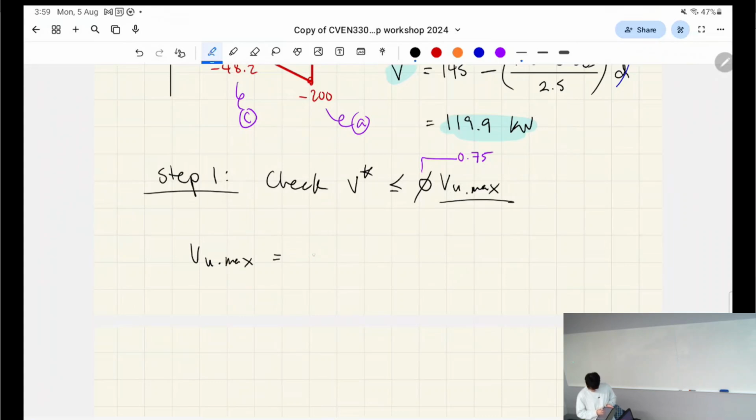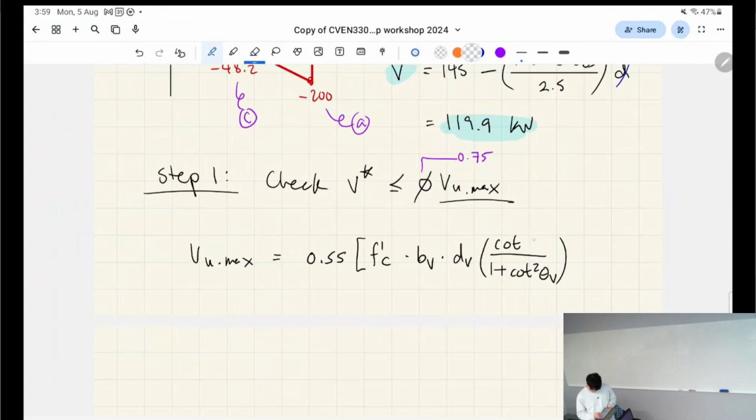So this is the formula for Vmax. So when I say that shear and serviceability are kind of topics that you can just use formulas and memorize, I'm not kidding. This is just going to be a bunch of following formulas. This is theta V, theta subscript V. We're going to use the simplified method.